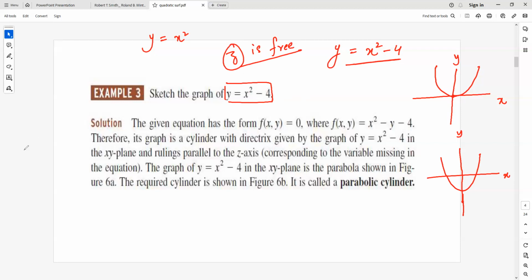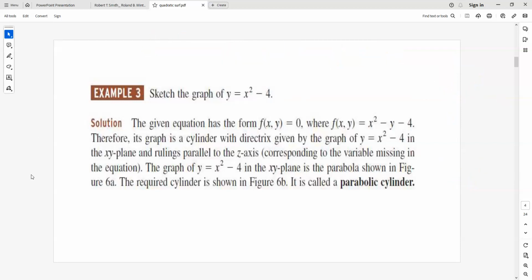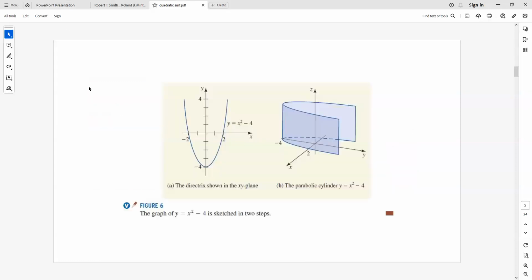If we draw the figure here, we can see we have this three-dimensional coordinate system like this, x, y, and z.